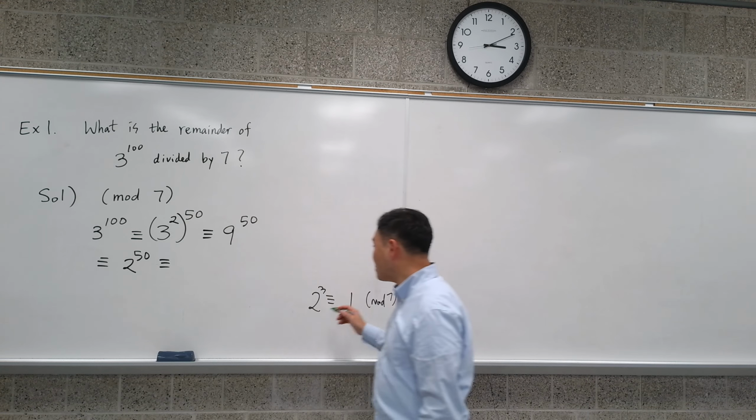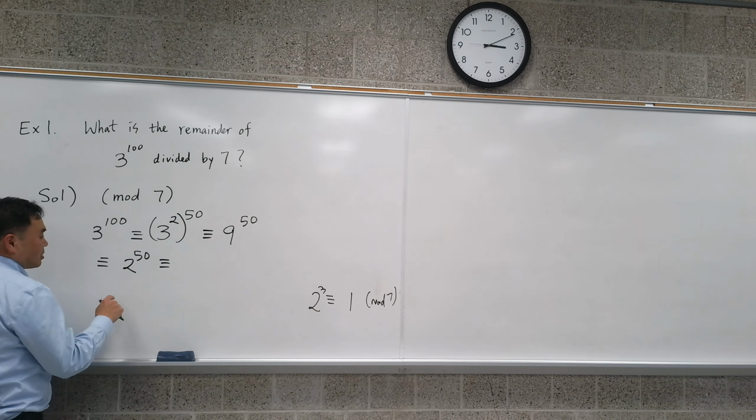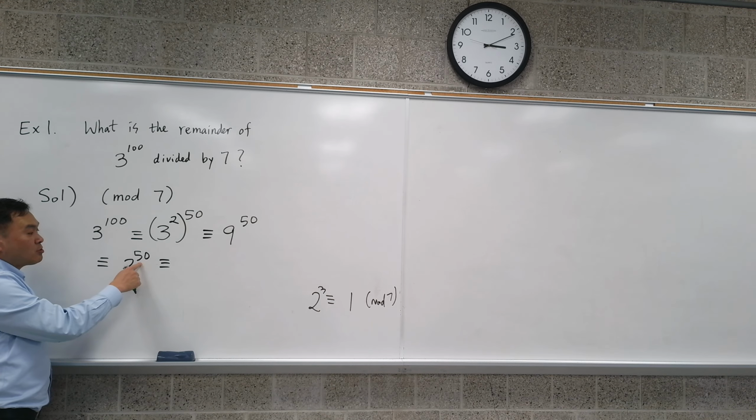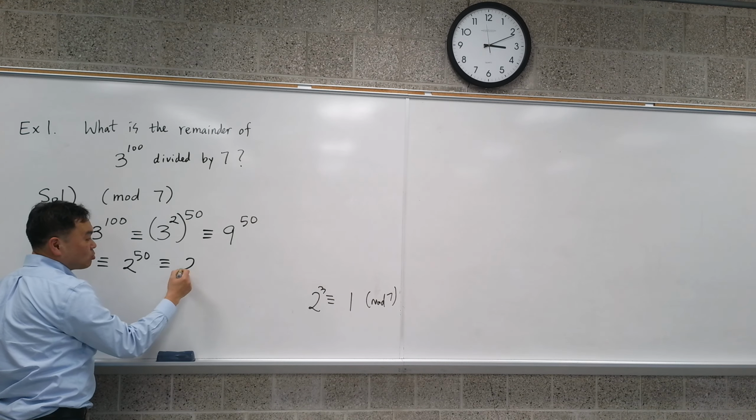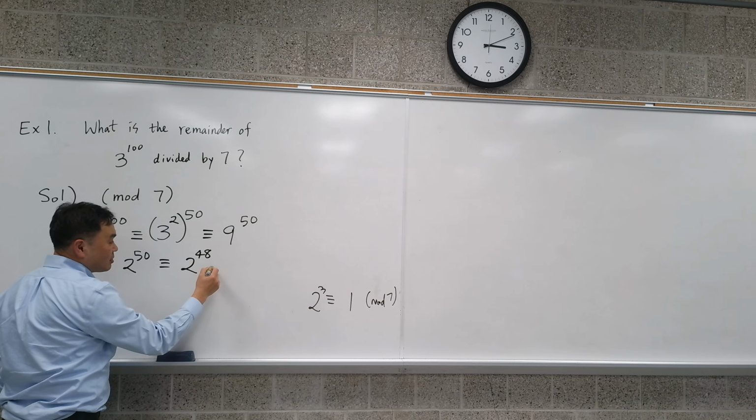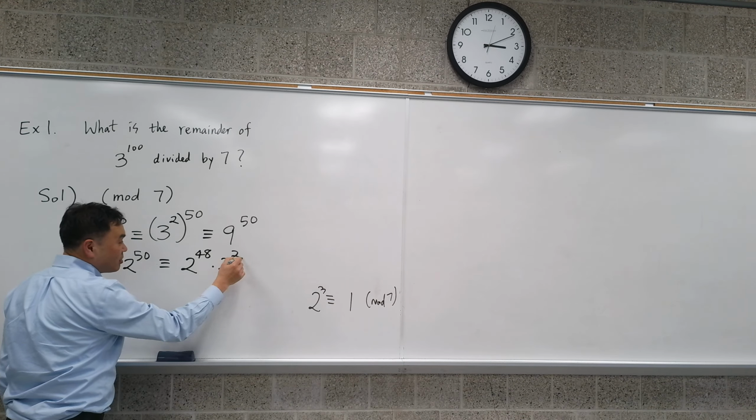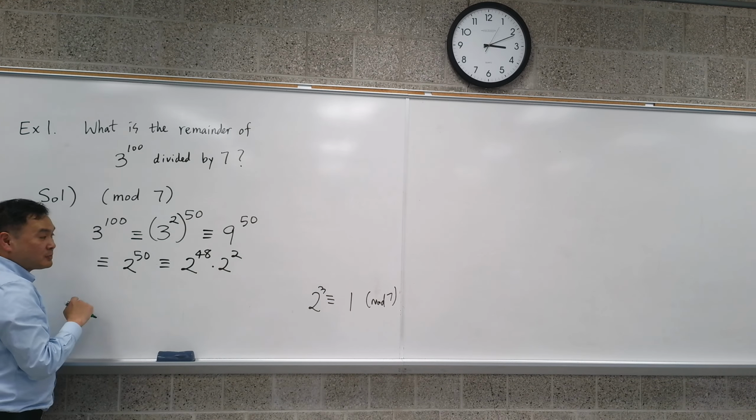So we're going to use that, because the nearest number divisible by 3, slightly less than this, is 48, right? So we can rewrite this as 2 to the 48 times 2 squared.